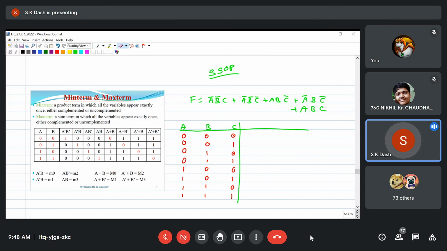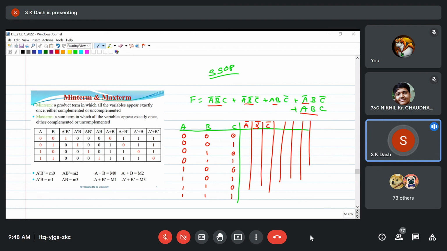How many columns are needed here? If we try to solve it, first of all you need to find A bar, then B bar, then C bar. Three columns. I'm not solving, I'm just writing. Then a column for each term. So how many columns? Five columns. One, two, three, four, five.